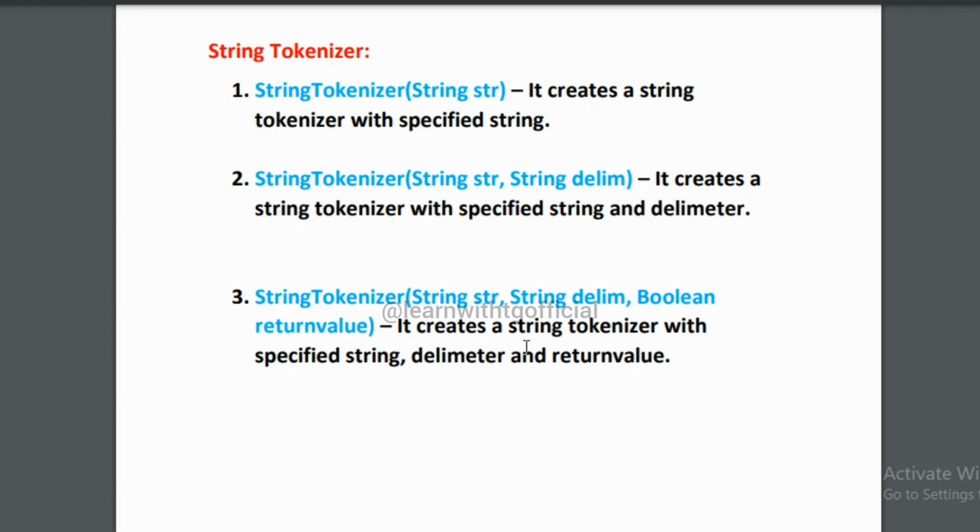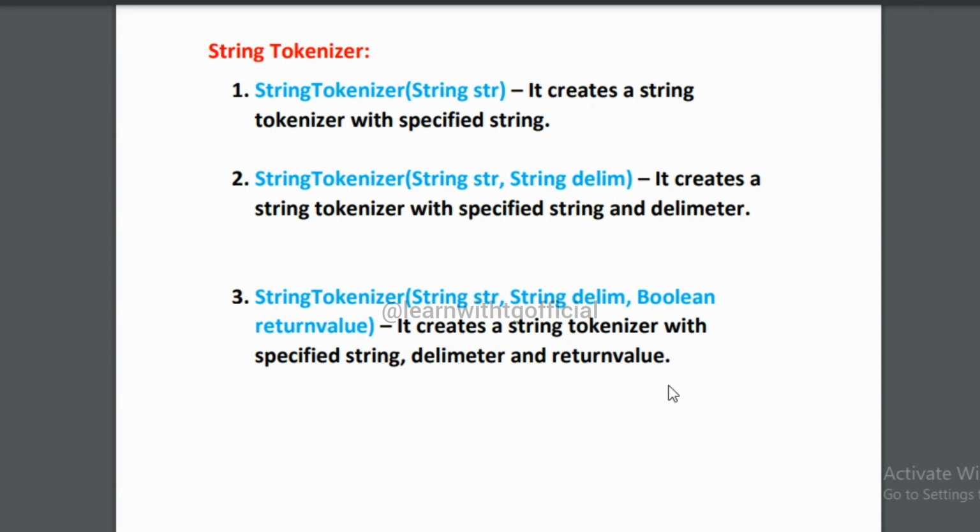StringTokenizer(String str, String delim, boolean returnValue) creates a StringTokenizer with the specified string, delimiter and return value. If the value is true, delimiter characters are considered to be tokens. If the value is false, the delimiter characters serve as separators and are not returned as tokens.